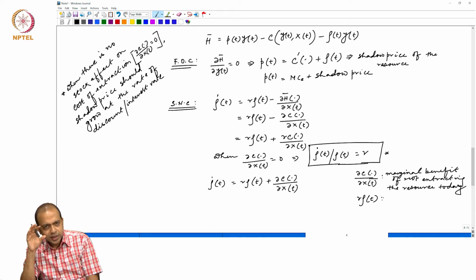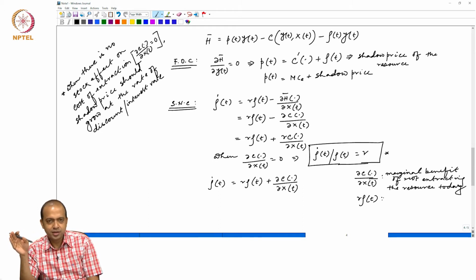If I extract the resource today and keep the money in bank, then bank will give me some interest. And what would be the total interest gain? R into rho T, because 1 unit of resource, the price is rho T at tth point of time.